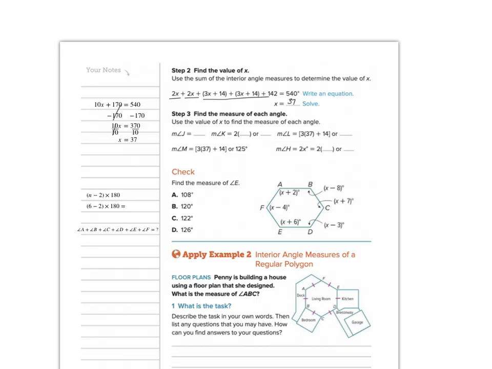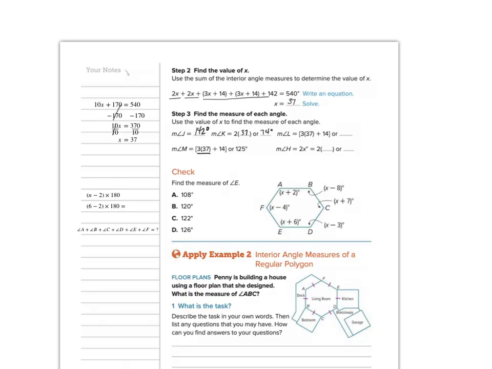And now when you plug it back in, we know that J was equal to x. J we knew was 142. K was equal to 2x, which is 2 times 37, or 74 degrees. L was equal to 3 times 37 plus 14, which is, I hate to do math in public, I'll come back to it.